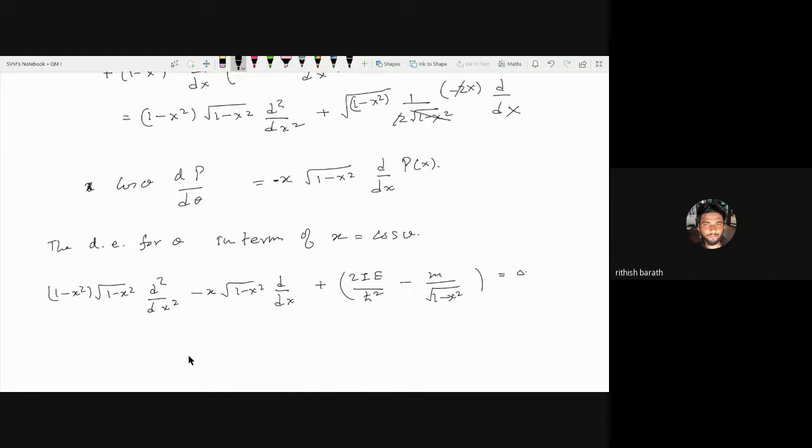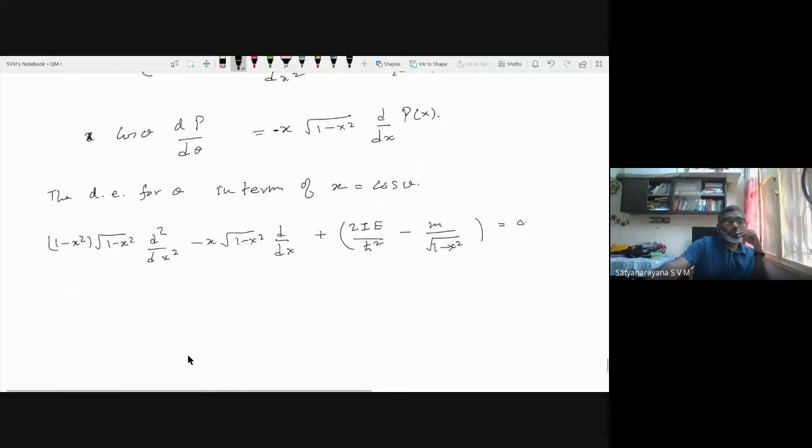I think this simplifies to the Legendre function, right? Yeah. So basically, see this particular equation. Maybe there is some term somewhere I made a mistake, or maybe there is no mistake.